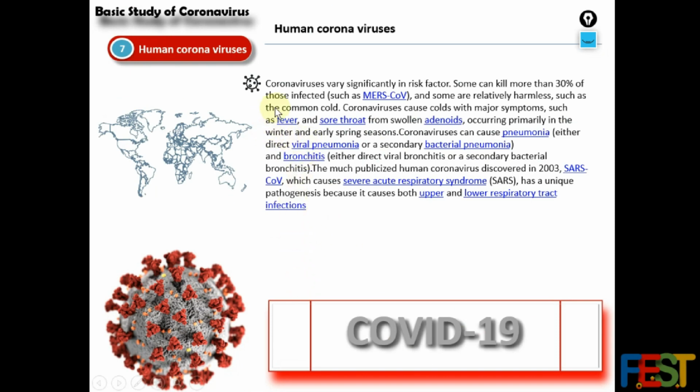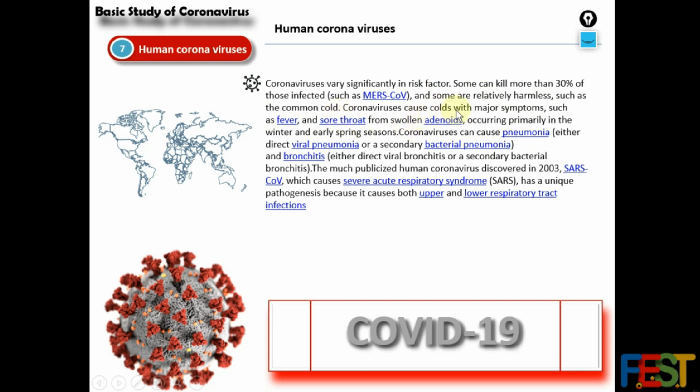Human coronaviruses vary significantly in risk. Some can kill more than 30% of those infected, such as MERS, and some are relatively harmless, such as the common cold.